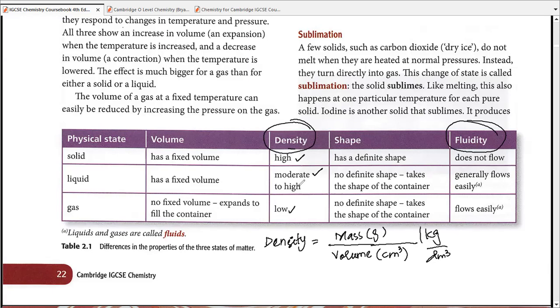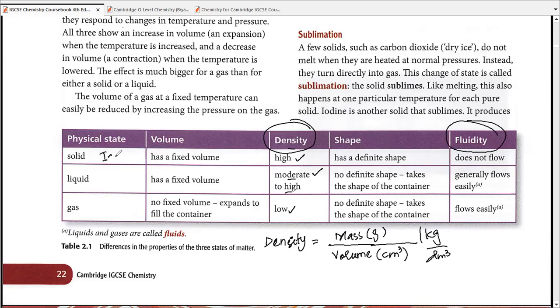But there is a simple point that might be a little bit confusing. In liquids, we write moderate to high. Now, when I start explaining this, I usually tend to ask my students to keep some examples in mind to have a better idea of what we are talking about.